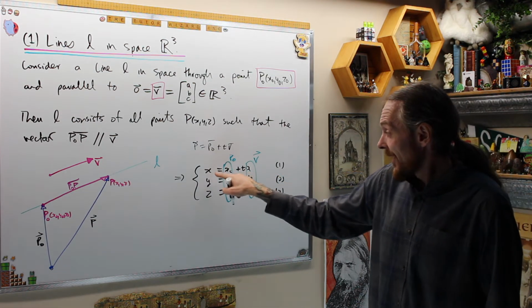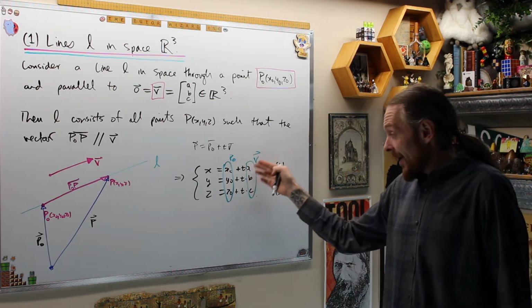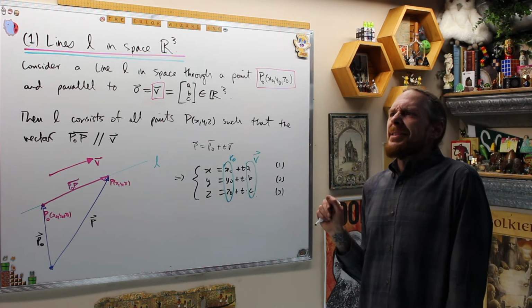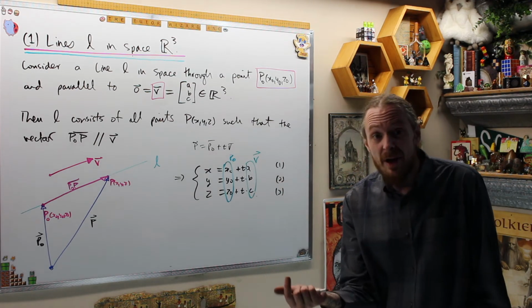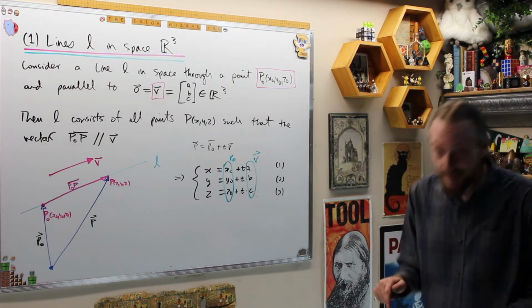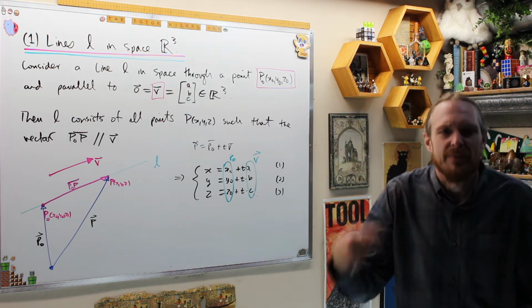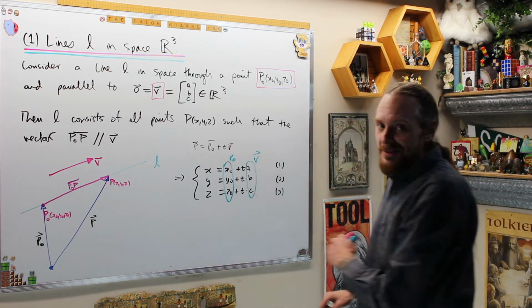So how do I do that? x minus x naught, y minus y naught, z minus z naught, and then divide by a and b and c respectively. We're not actually dividing. If you get a 0 in these, this is abusive notation, you can still have a 0 in the denominator and lightning can't strike you down, because we're not technically dividing by 0. That says one of the coordinates of your vector in the direction of that line has a 0 coordinate. So you'll see when we get there.